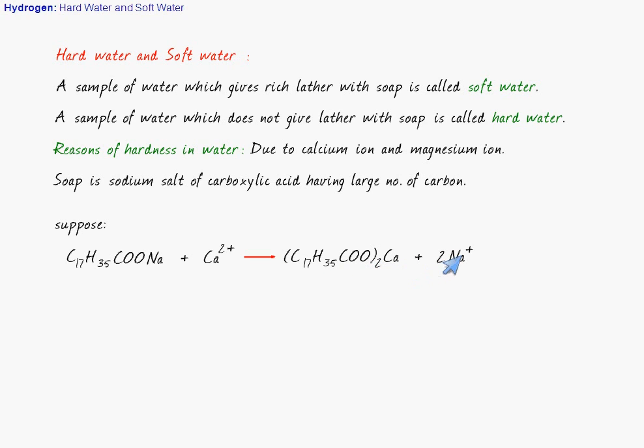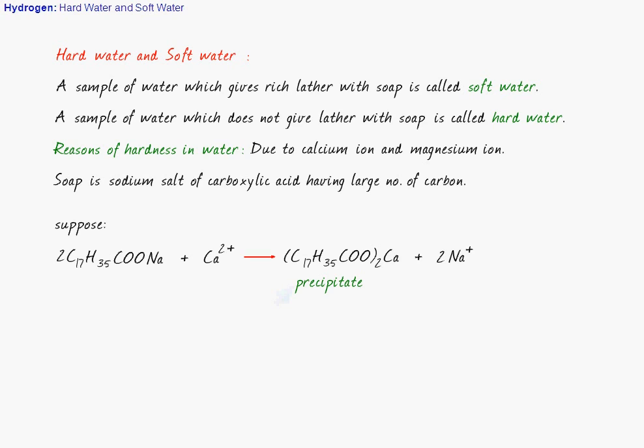So sodium ion is out here and calcium salt is precipitated. It does not give lather with soap. Similarly, magnesium ion also will give (C17H35COO)2Mg.